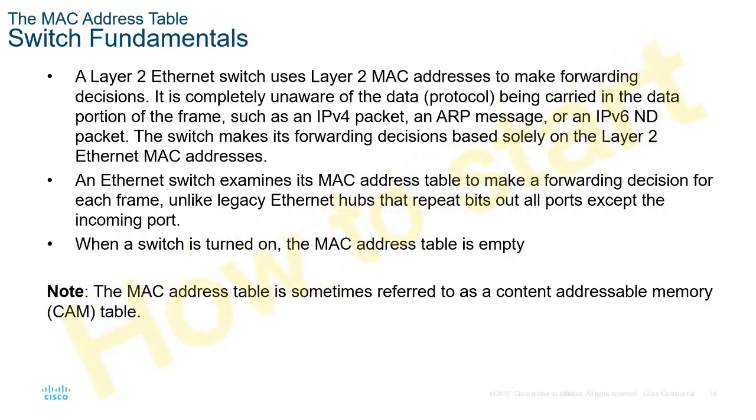So when a device wants to communicate with someone else, the switch will take the source MAC address and build a table. This source goes to this port. This destination goes with that port, and so forth. The MAC address table is sometimes also referred to as a CAM, Content Addressable Memory table. Essentially, it's a lookup table. That's really all it is.